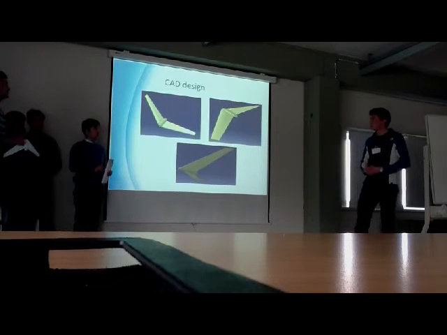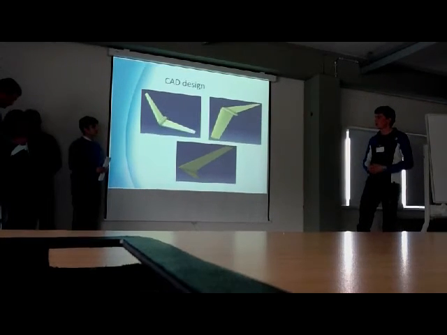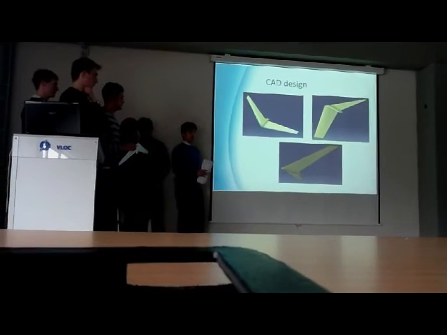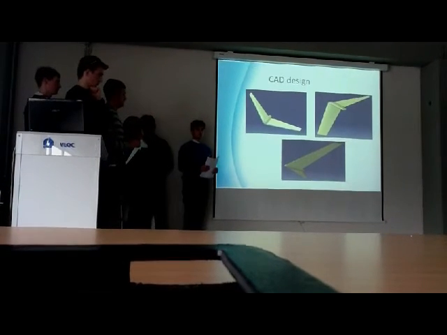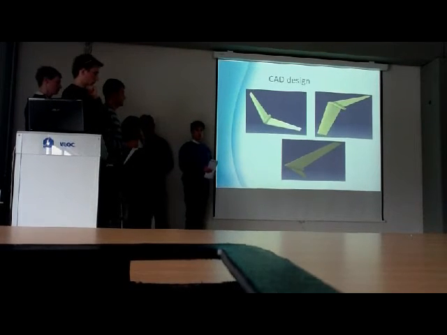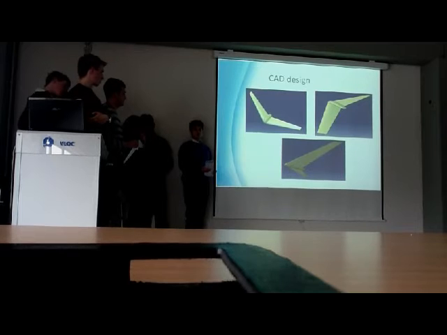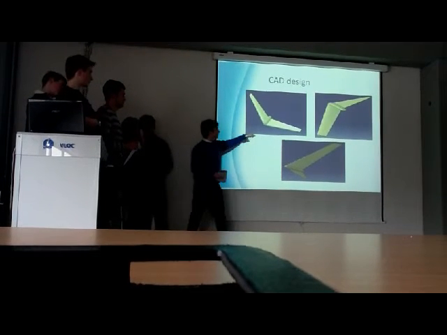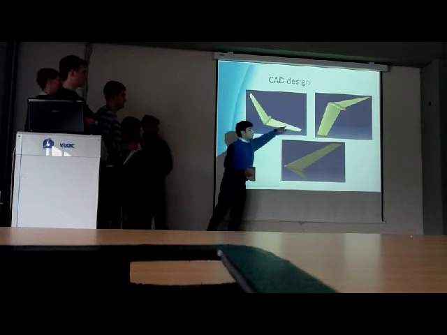Did I forget anything? Yeah, we forgot another thing, and that is that for flight mechanic stability and also to reduce the weight, we decided to use electroactive polymers in order to bend the last part of the surface.